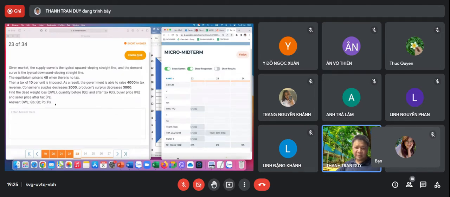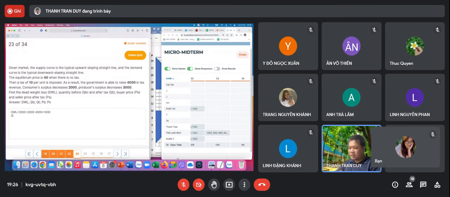We need 5 answers here: deadweight loss, buy price, quantity before tax, quantity with tax, and sell price. So to answer these questions, firstly, the deadweight loss will be equal to 3,000 plus 2,000 minus 4,000, right? Equal to 1,000.